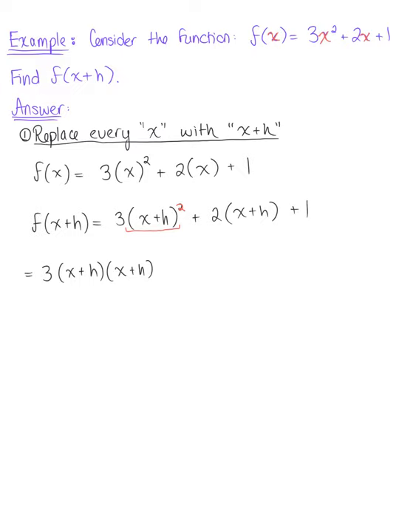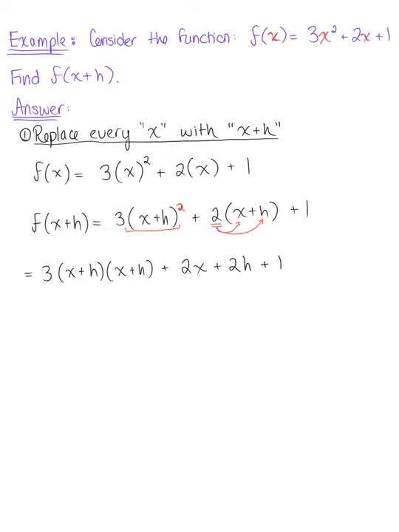The next thing we can do is take this 2 and distribute it to both terms. So this will become 2 times x and 2 times h. We'll have plus 2x plus 2h plus 1.